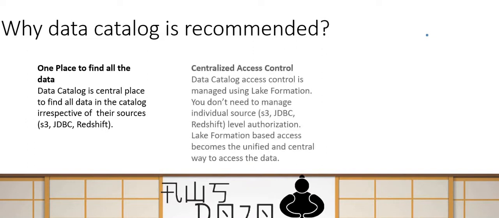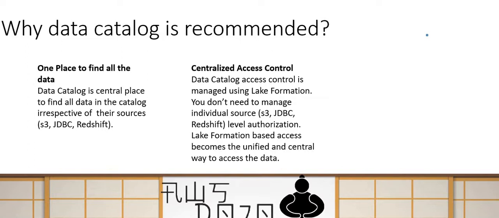The second thing, and this is a bigger reason, in fact every reason is valid here, but this is one of the key reasons, is that it helps you create centralized access control. So for instance, you want to control in your catalog which data a particular user can access and which they cannot. That whole access control you can configure in the data lake using Lake Formation.